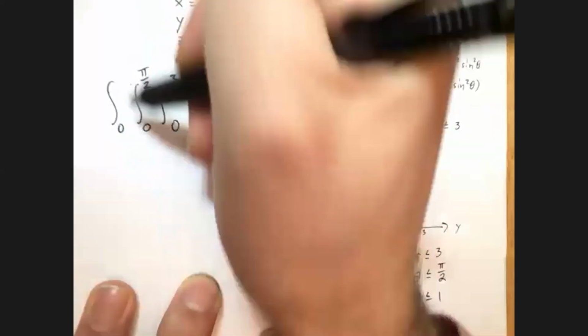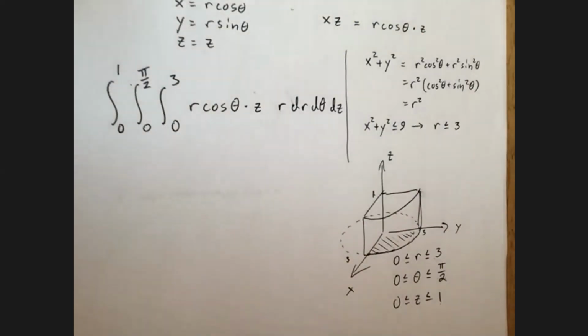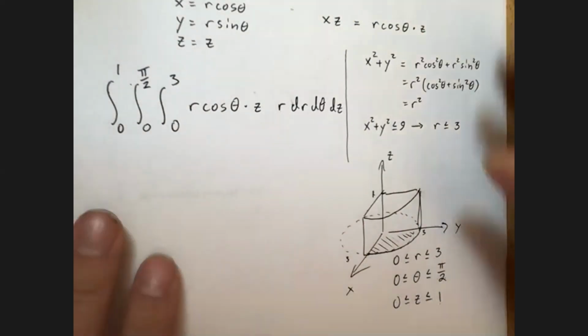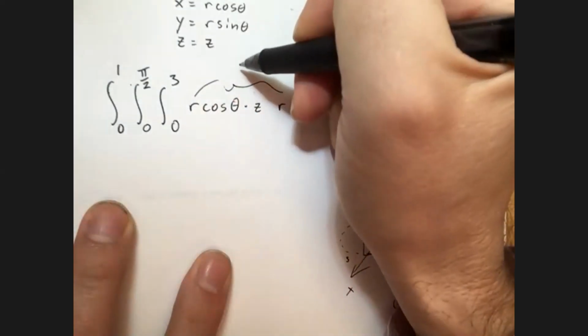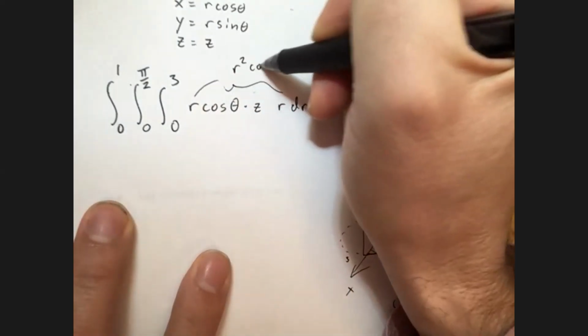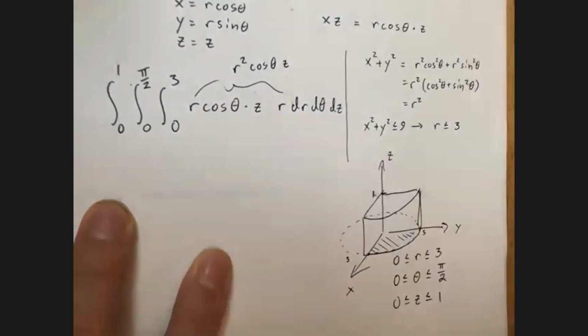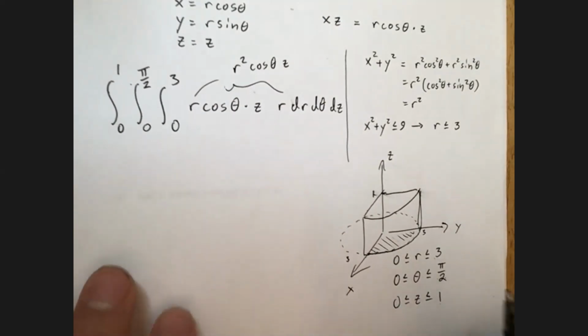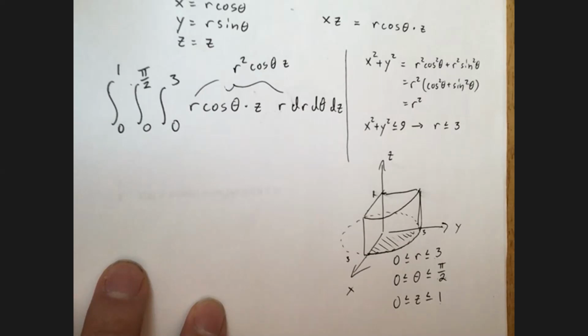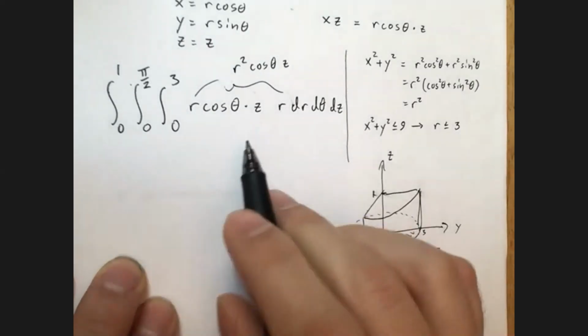So there we are, 0 to 1. So that's what we've got. I could write this integrand here as r squared cosine theta z, since we have two r's in there. All right. Any questions so far? Go ahead and let me know. I'll keep going, but I'll keep my eye on the chat.